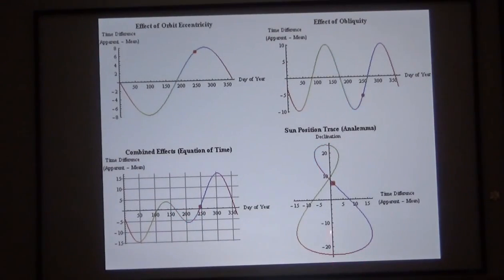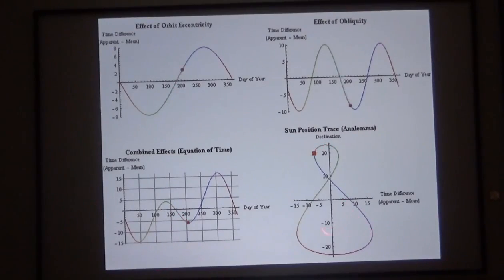It's easy to understand why in summertime the sun is high, and in wintertime it's low. So the greater the tilt, the longer the axis is going to be this way, so to speak. But you've got these differences this way as well, showing you how late or how early the sun gets to local noon.